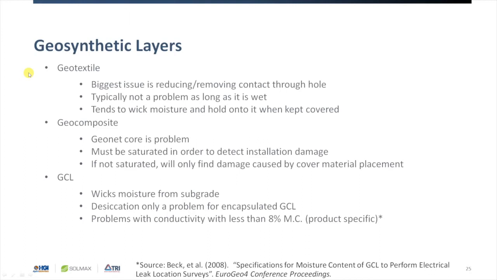And I found that the products with the larger granular, larger grains of clay were less conductive, so they needed a little bit higher moisture content than the powdered type of bentonite. But again, this is something that's product specific. And if you have thicker geotextiles on either side of the clay layer, this could definitely affect it.